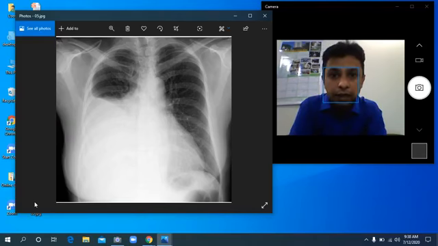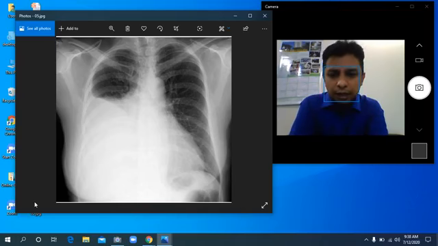And we'll check the ESR. And you know, the ESR will be raised in exudative effusion, and there will be neutrophilic leukocytosis in case of pneumonia. There will be lymphocytic leukocytosis in case of tuberculosis or malignancy.